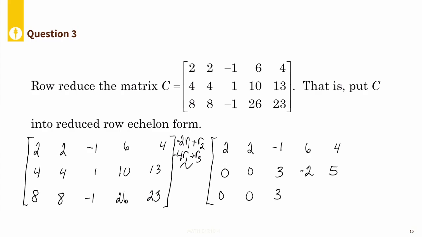Oh, I love seeing that. -4 times 6 plus 26, 2. -4 times 4, -16, plus 23, 7, right?